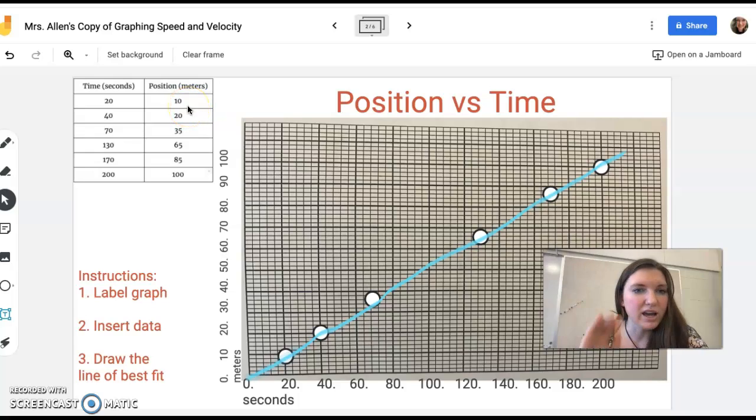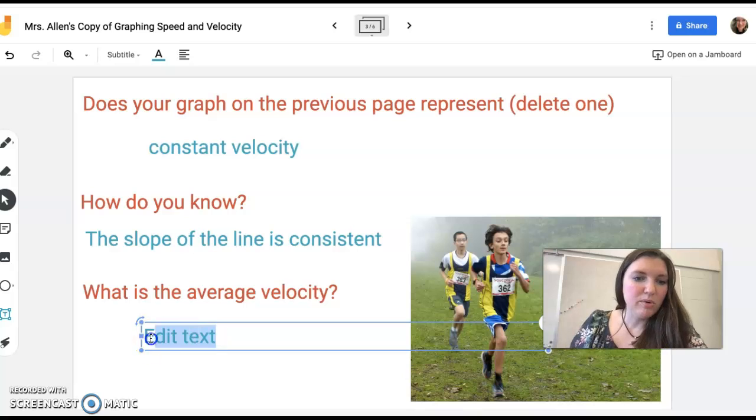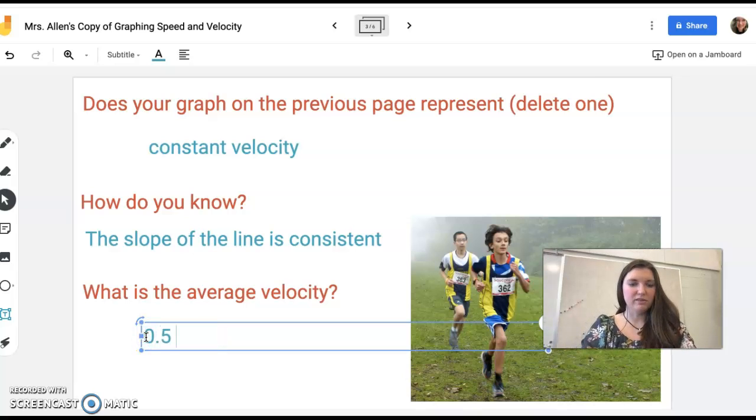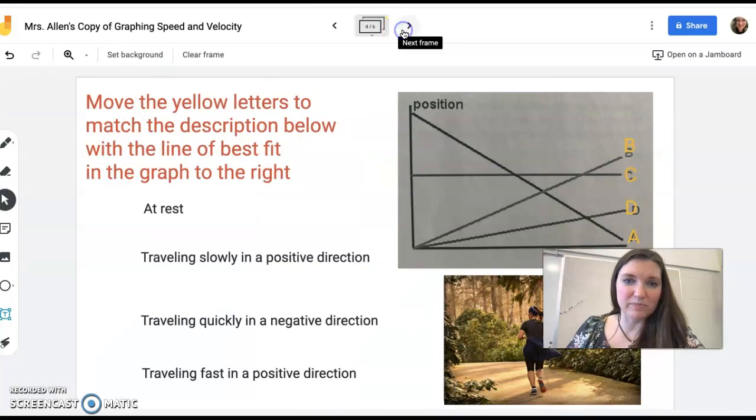So I can actually just look at these numbers and see this. It's going to be 10 divided by 20, 20 divided by 40, 35 divided by 70. They're all 1/2 of that. So that's going to be 0.5 meters per second. And since it's constant, easy peasy.